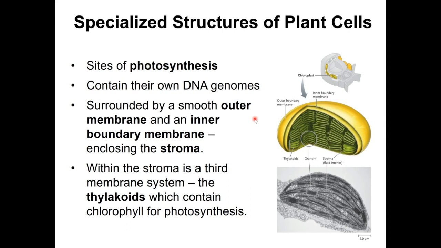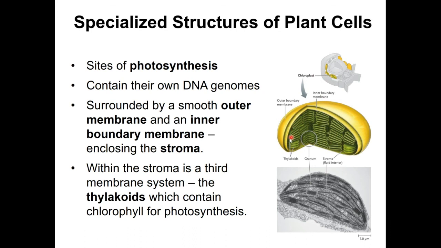So to capture the energy, the photons coming from the sun, and store that energy in the form of organic molecules, such as ultimately glucose or other molecules. Structurally speaking, like mitochondria, they're made by two main membranes, an outer membrane and an inner membrane, but they also have a third system of membrane which forms these sacs called thylakoids.